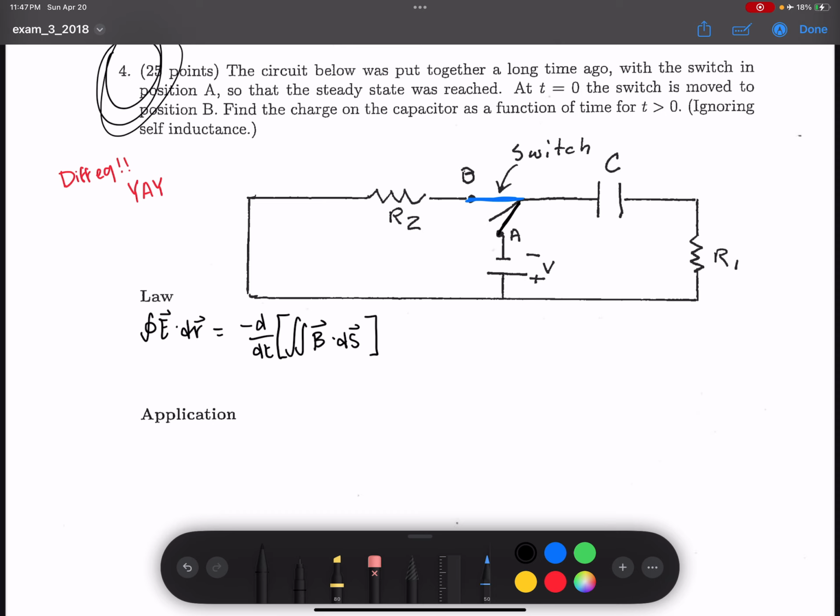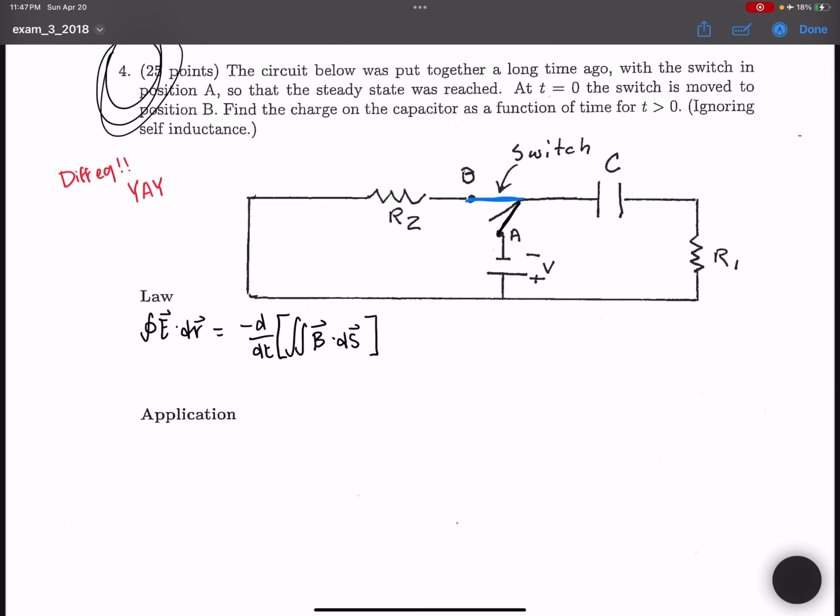Okay, so what I think is that if the switch is at A and it's moved to steady state, then there's current flowing. The capacitor is in steady state, so there is no current, but there's charge built up on the capacitor. Gotta remember exam 2 stuff. Brooke is right.